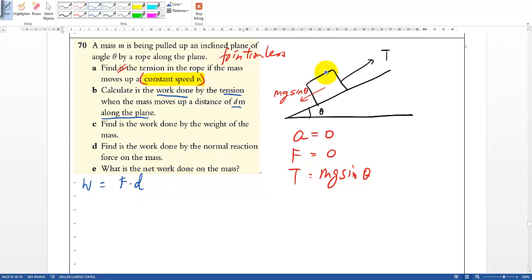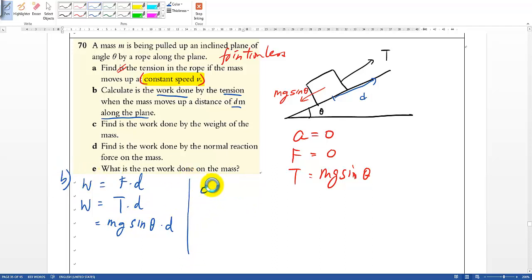Cosine theta you may say, but then here you can see the tension and the distance that you moved, say that's d, are parallel, so you don't have to take any angle. So it would simply be the tension times d, which I guess you can express using the answer from part A. So mg sine theta times d would be the answer for part B, I suppose.